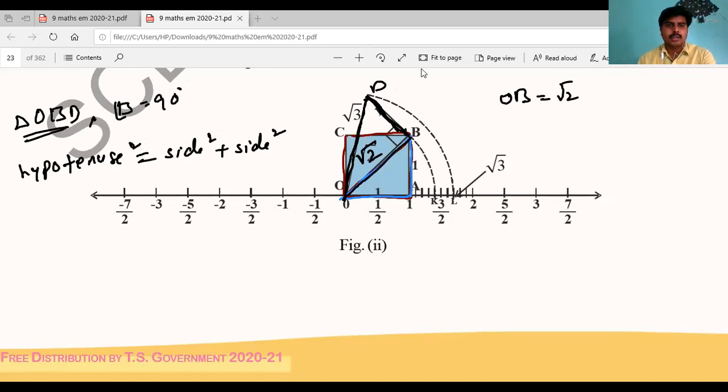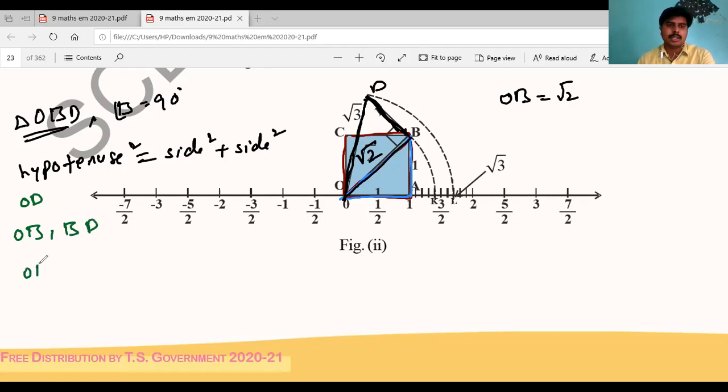And what is the hypotenuse here? The hypotenuse is OD, right? OD is the hypotenuse, and OB is a side and BD is a side.